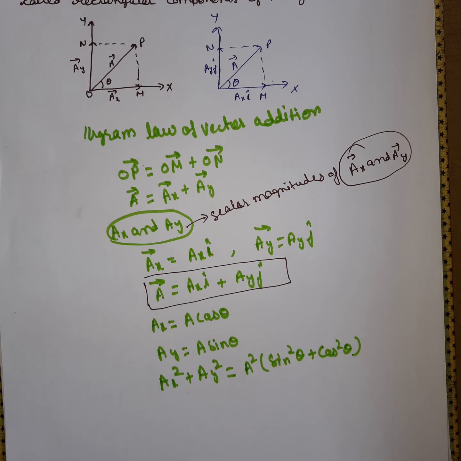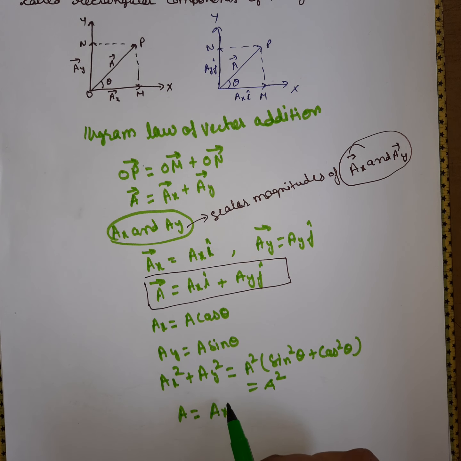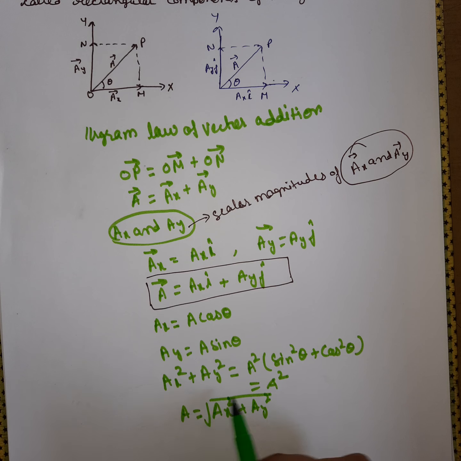This is equal to 1. So it will be equal to A square, and A is the square root of AX square plus AY square.